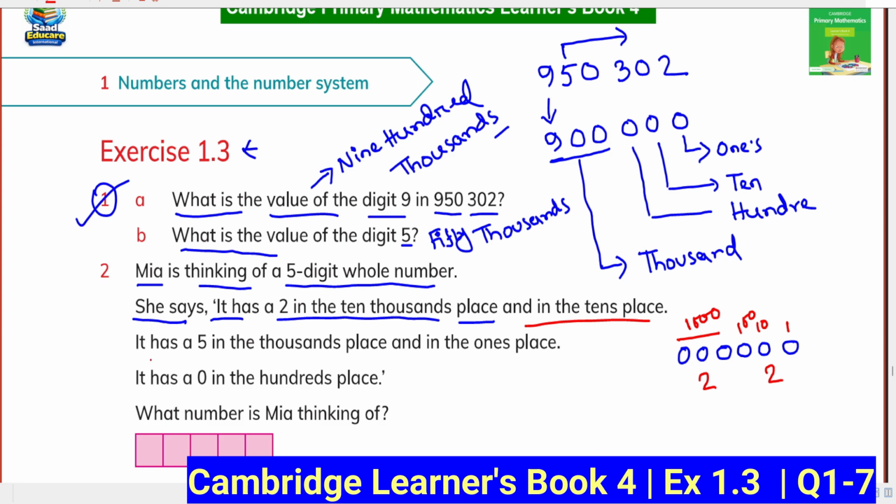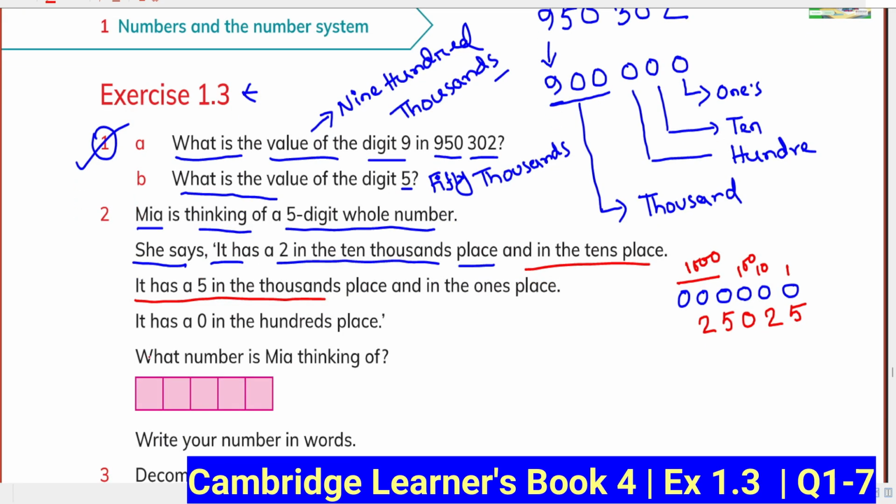Okay, it has a 5 in the 1000 place. So 1, 10, 100, and this is the 1000 place. So here is a 5. And in the ones place also 5. It has a 0 in the 100 place. So this is a 0. What number is Mia thinking of? It's very simple.